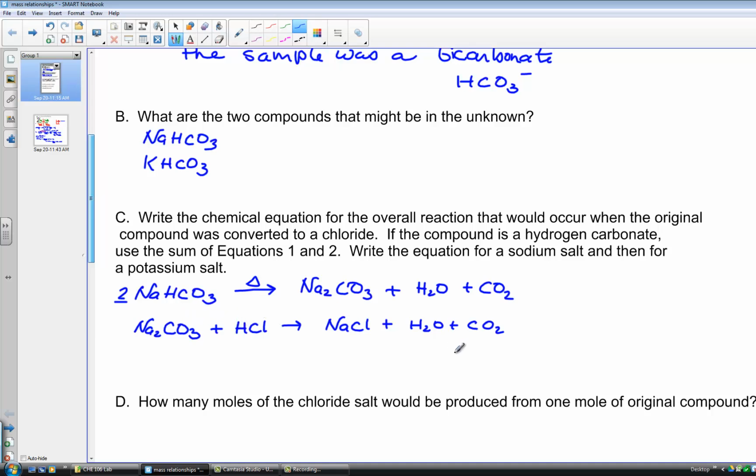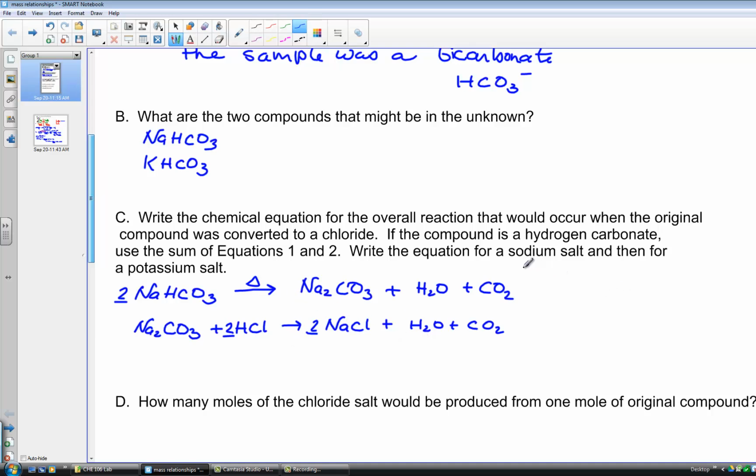H2CO3 broke down. Alrighty. We need to balance 2 Nas, 2 Nas, and we'll need 2 H's and 2 Cl's. A 1, 2, 2, 1, 1 balances that equation. So here's the first equation.